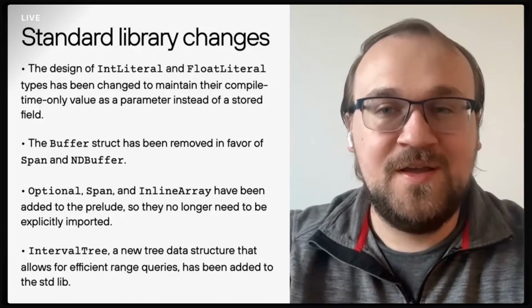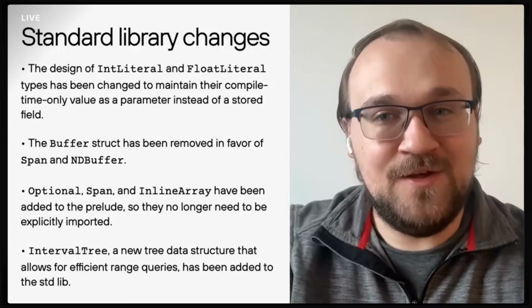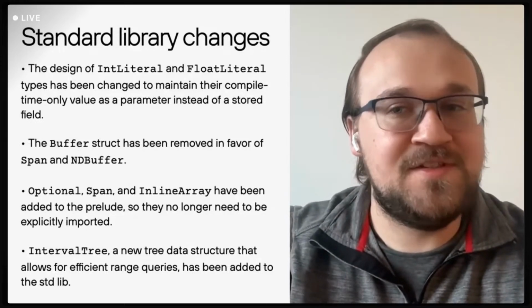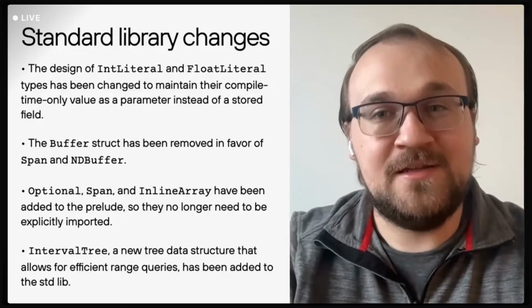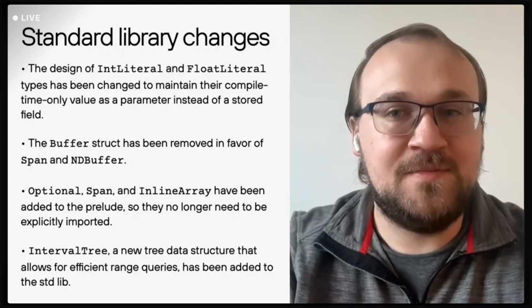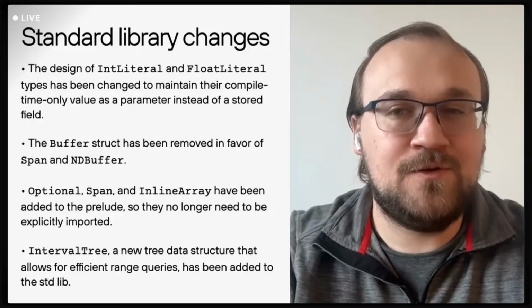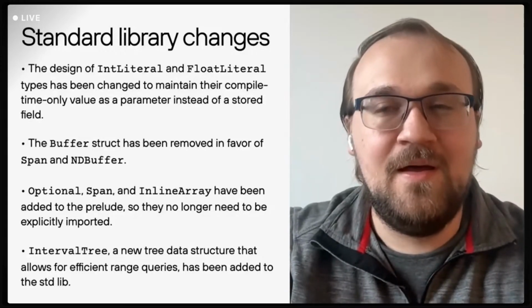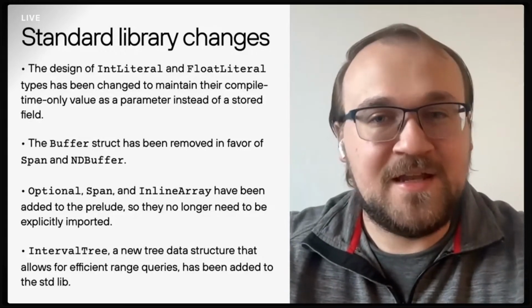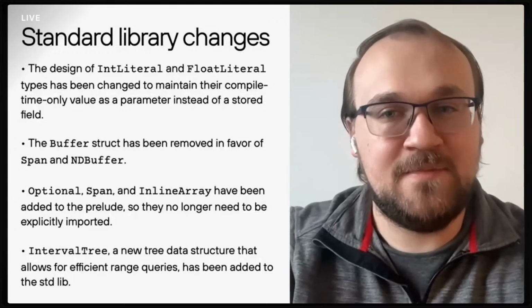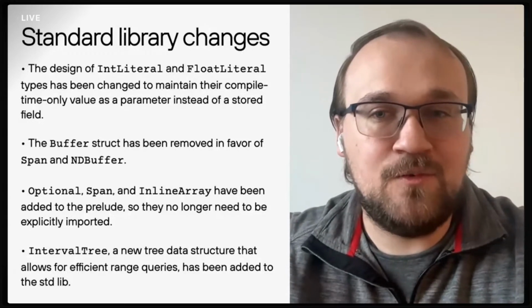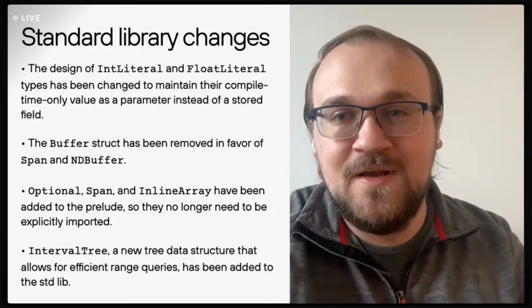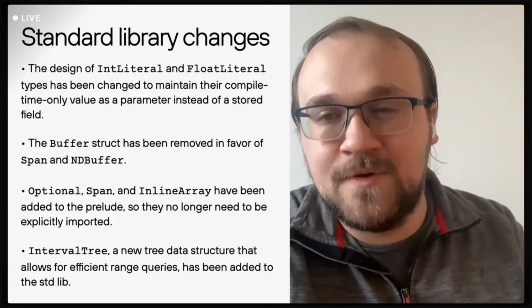Long story short, what was previously a field on the int literal or float literal types is now a parameter. That means we're leveraging Mojo's parameter system to model int and float literal types fully at compile time. This is a nice cleanup in the conceptual model of how these types work and how the language in general works. These are clearly such fundamental, foundational types for Mojo.